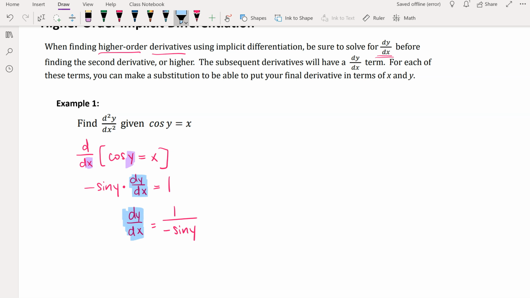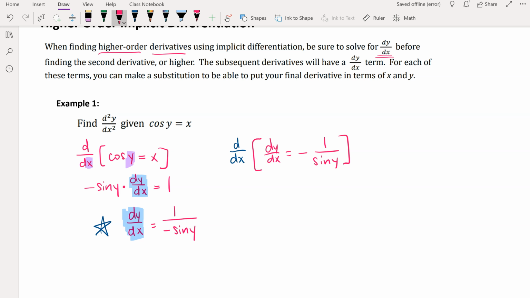Now, let's go ahead and take the derivative of this. So we're going to take the derivative of this whole thing to find the second derivative. So let me do that here. We're going to take the derivative with respect to x of dy dx equals, I'm going to move the negative out in front, negative 1 over sine y.